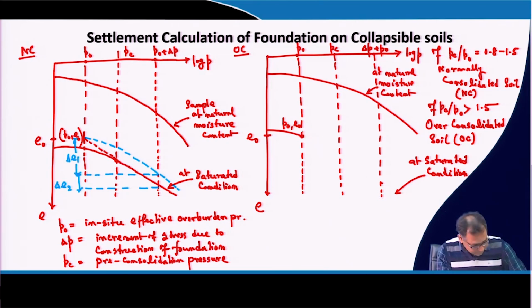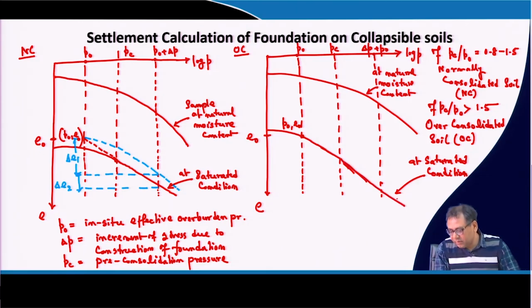So, here there is a change, then there is a change. This is a straight line almost, so we have already located it. So, here we locate the PC point, and then this is the E0.